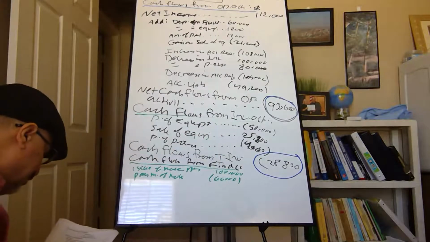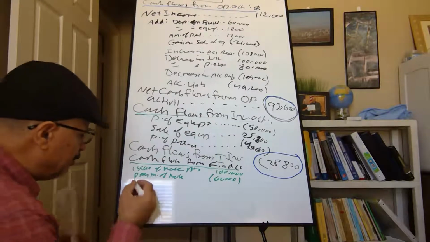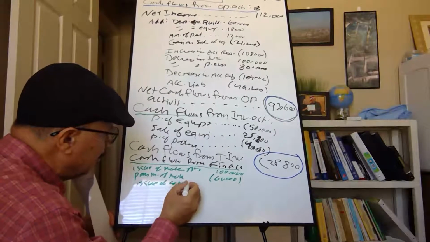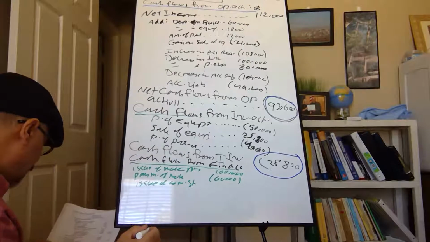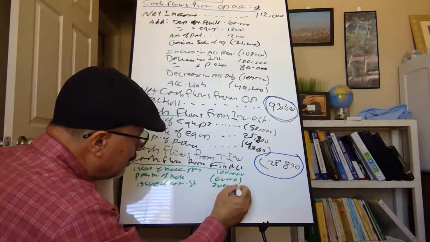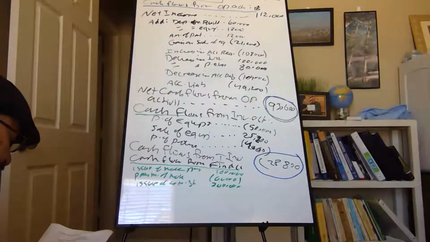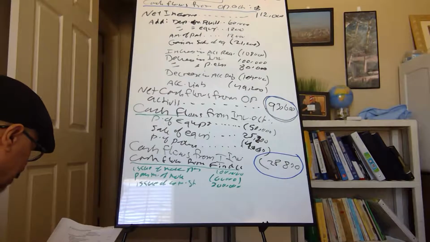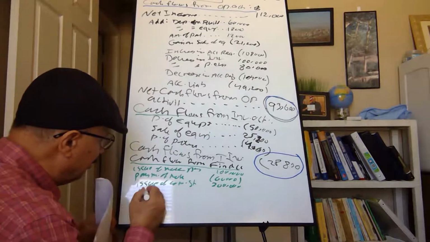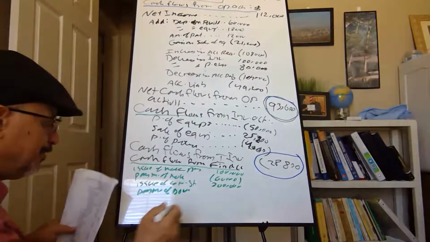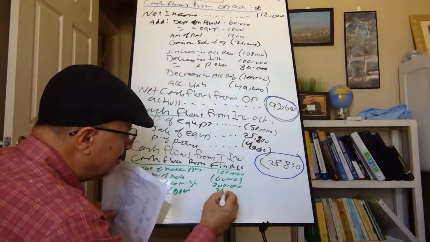Okay, so that's a payment of the note, and then we have issue of common stock for $200,000. That is a positive, okay, because we're collecting cash. And then we have the payment of dividends for $36,000, that's negative.